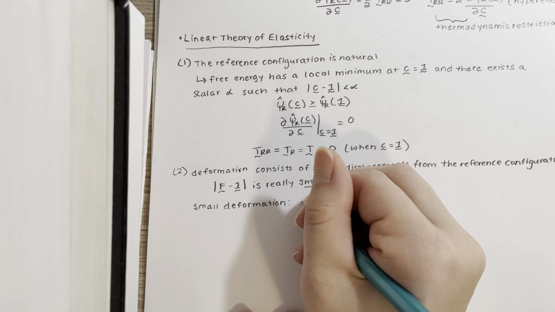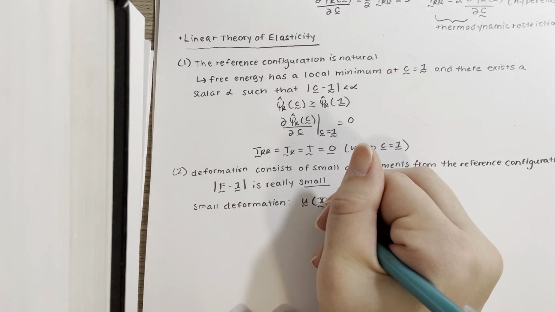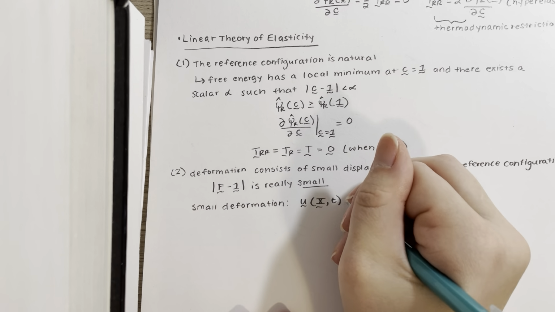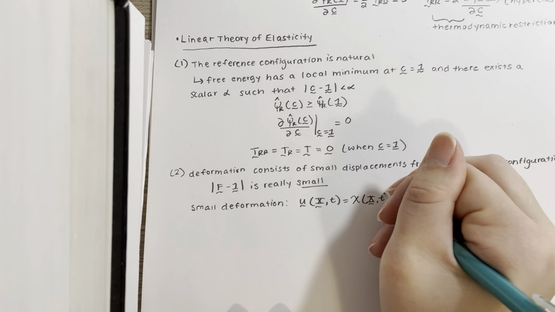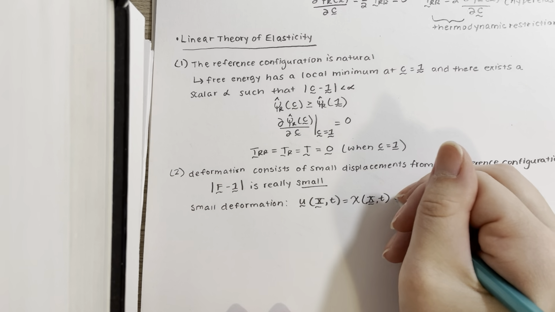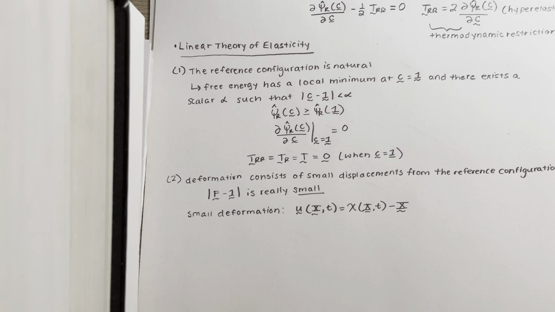We have some displacement u of X and t, and that's equal to the mapping chi of X, t minus our material point X.